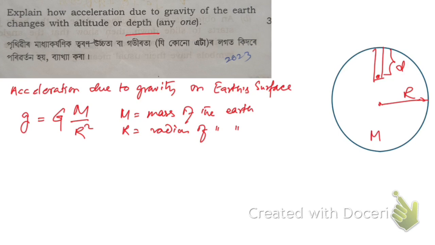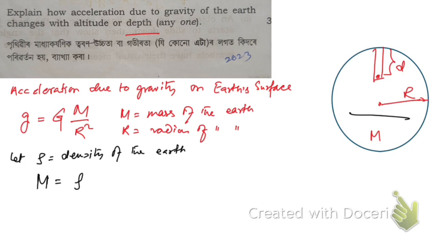Now you see, let me consider that rho be the density of the Earth. Then the mass of the Earth will be equal to, we know that mass is density into volume, so rho and volume. Considering this to be a sphere, the volume of a sphere is 4/3 pi R cube.